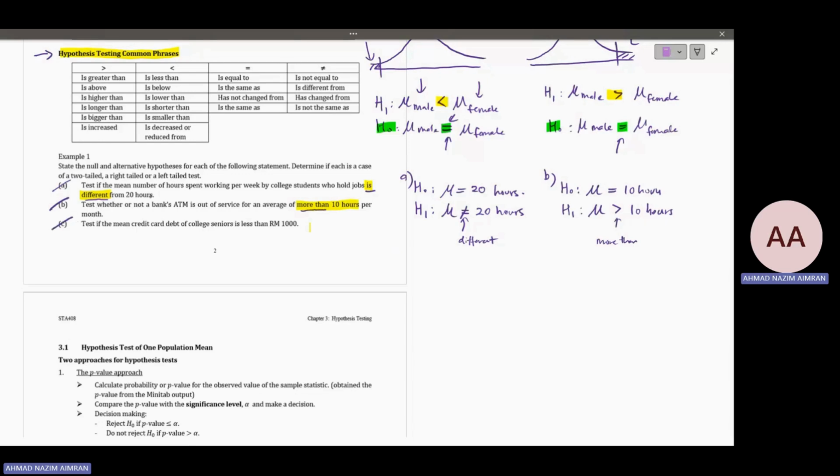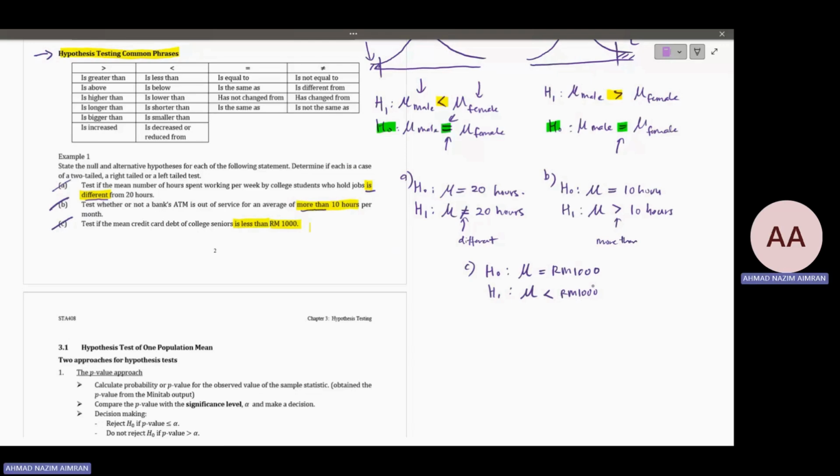Now let's look at C. Test if the mean credit card debt of college seniors is less than RM 1000. For C, again, the alternative hypothesis is mean is less than RM 1000, and for the null hypothesis mean is equal to RM 1000.